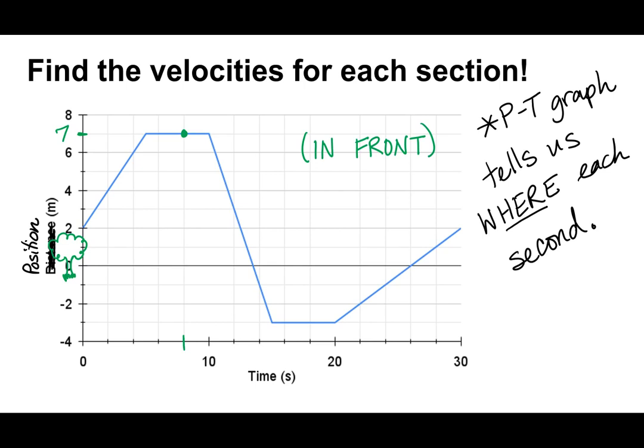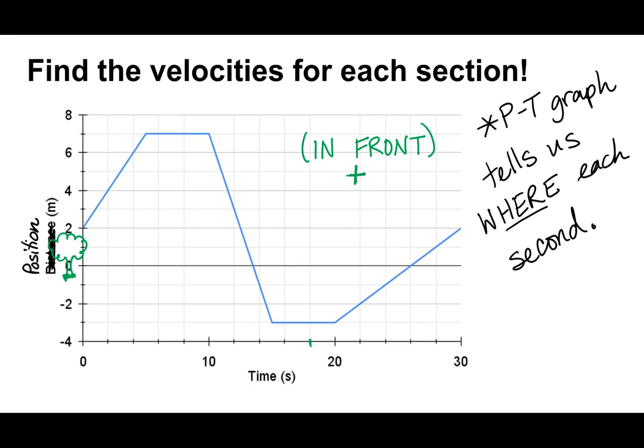Position is all about where you are. And so a positive position means that you are in front of whatever this 0 point is. In this case, I drew a tree. If you have a negative position, say I were to ask, where was I at 18 seconds?